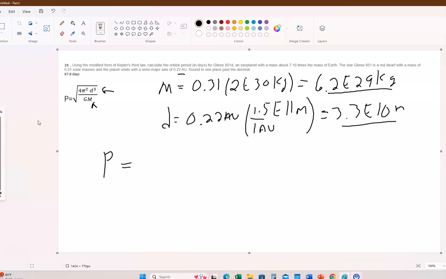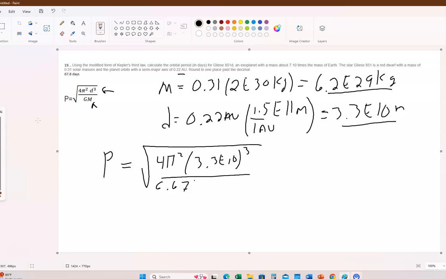Now I'm going to plug everything in. It's going to be the square root of 4 pi squared times D, which is what I just calculated, 3.3 times 10 to the 10th, cubed, divided by big G, which is 6.67 times 10 to the minus 11th, but also divided by the mass of the star.